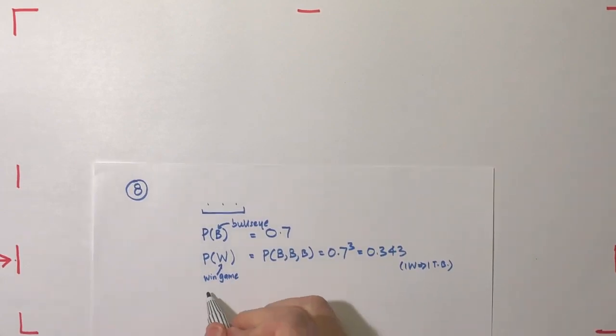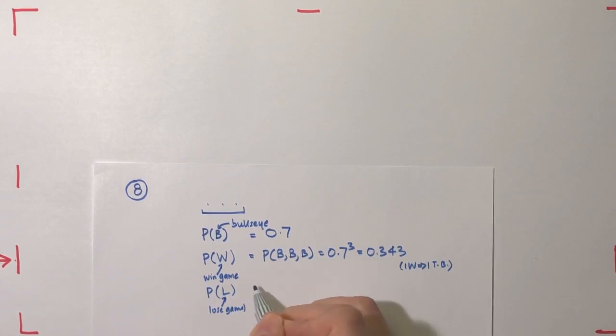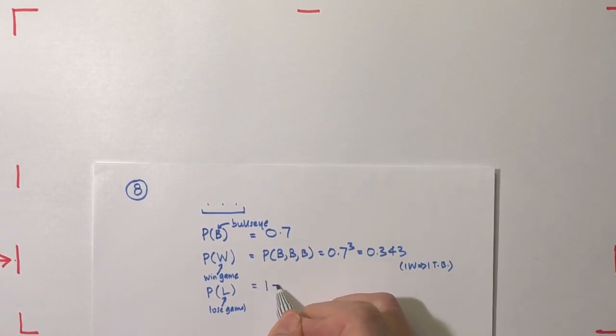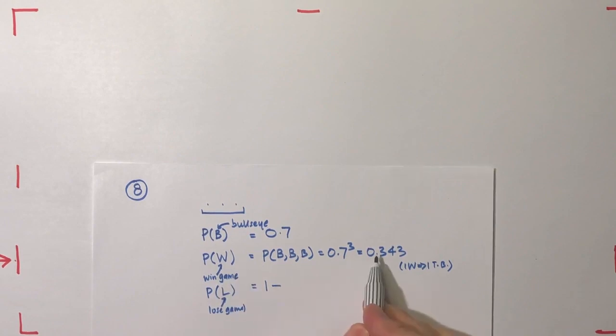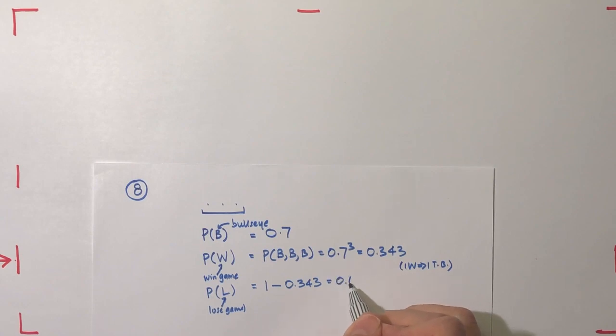And the probability of losing a game, where L stands for lose game, is just 1 minus the probability of winning. So 1 minus 0.343, and that is equal to 0.657.